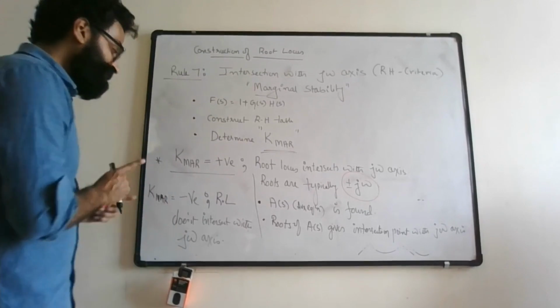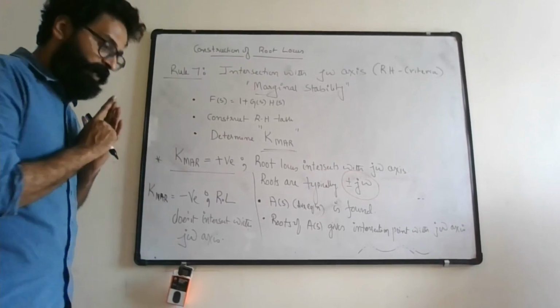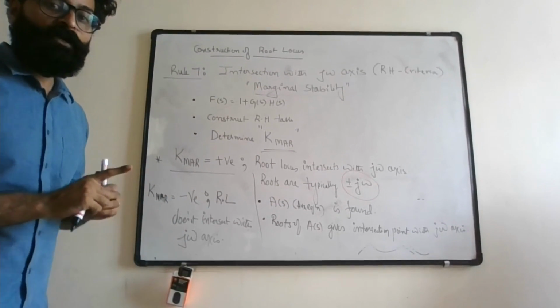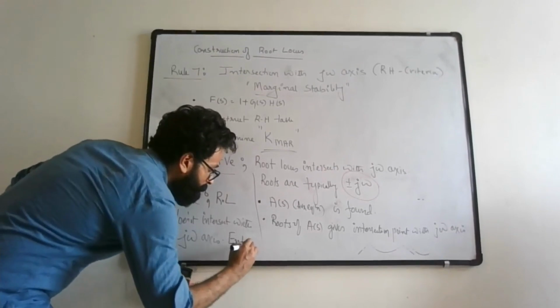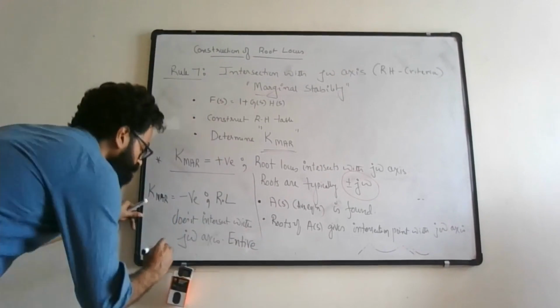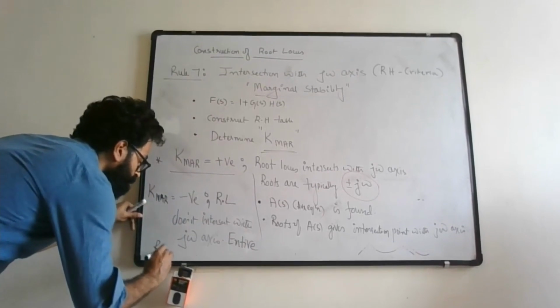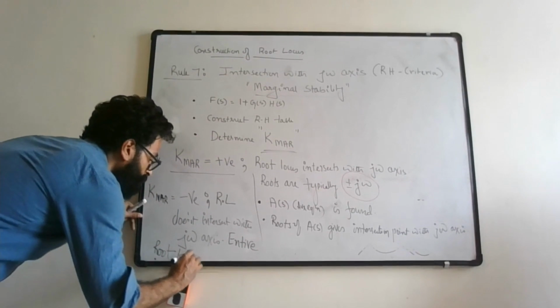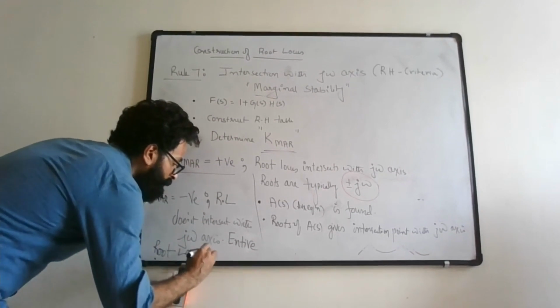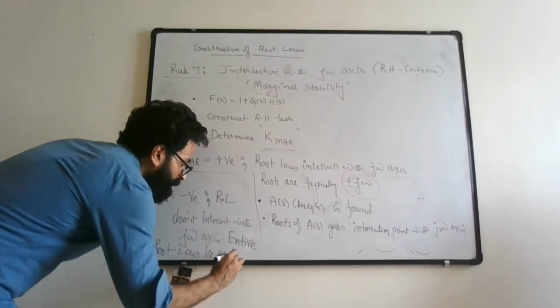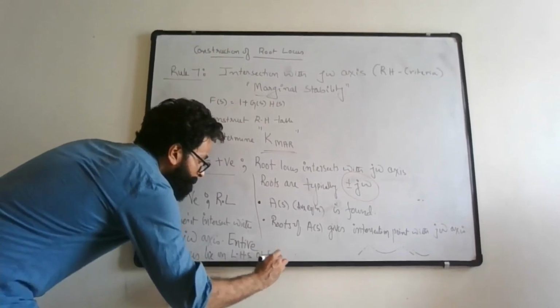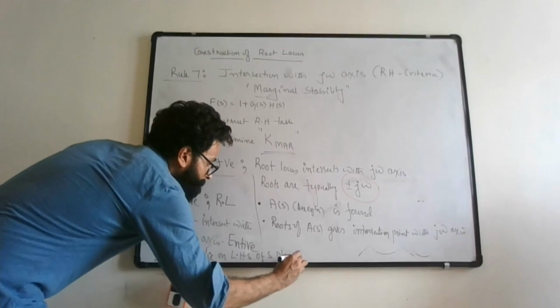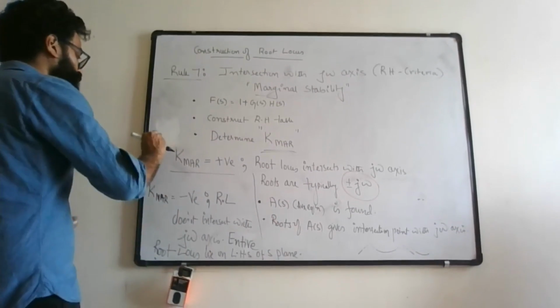Whenever K marginal is negative, the root locus is not going to touch your j omega axis, due to which the entire root locus lies on the LHS of the s-plane. Very, very important.